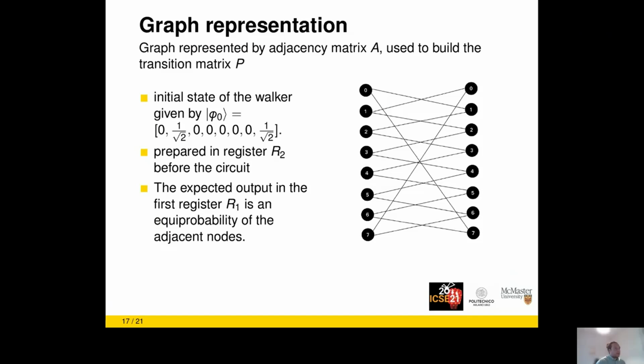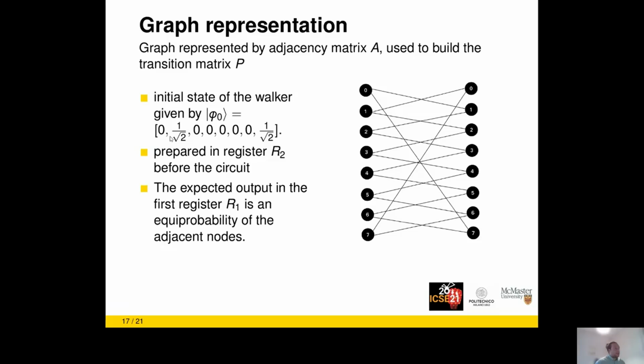The graph representation in the Szegedy quantum walk is done by an adjacency matrix A, which is then used to build the transition matrix P, the matrix representing the transition probability from a node to its neighbors. The initial state of the walker is given by phi of 0, which in this case is equal to this vector.